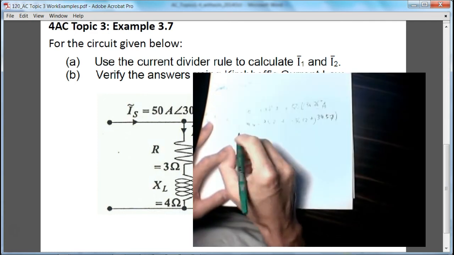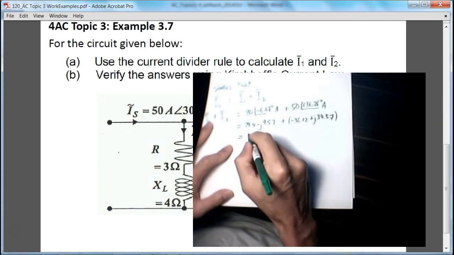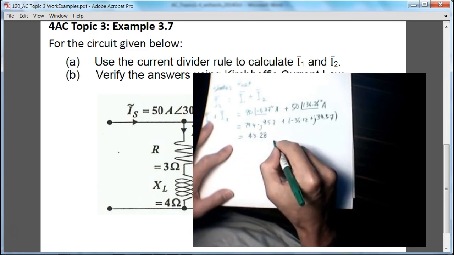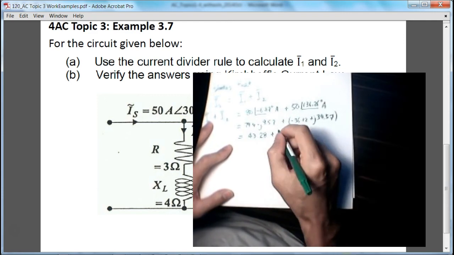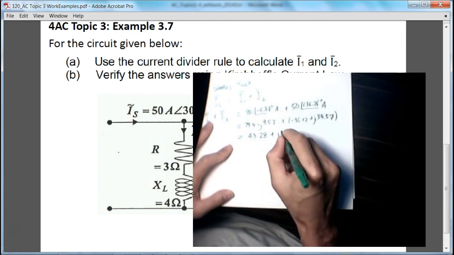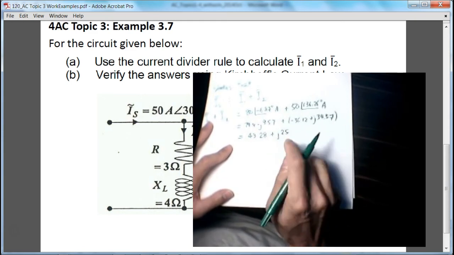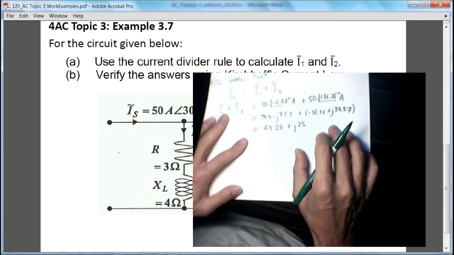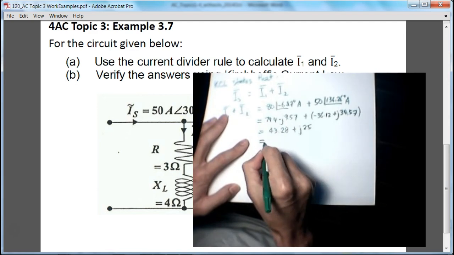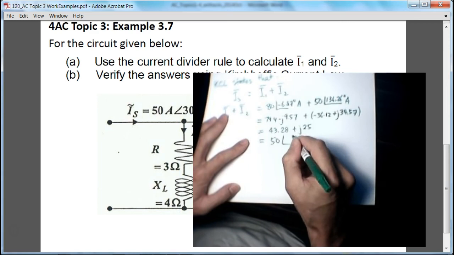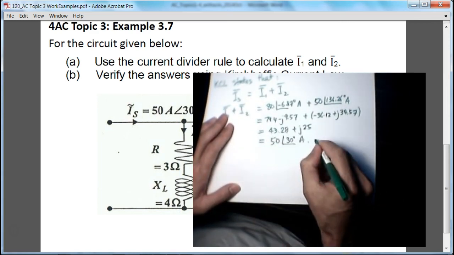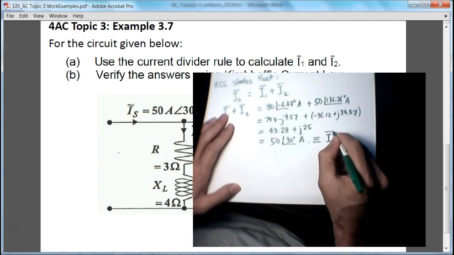The real numbers add up to give me 43.28, and the imaginary numbers give me j25. Converting this rectangular format into polar form gives me 50 at an angle of 30 degrees. And this value is exactly the same as IS.